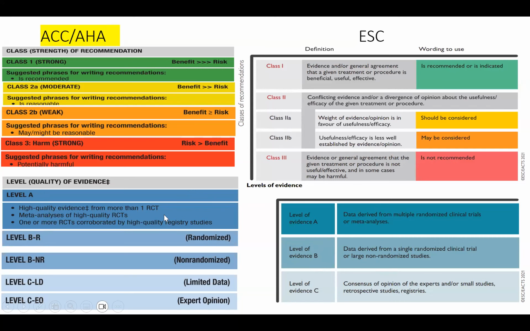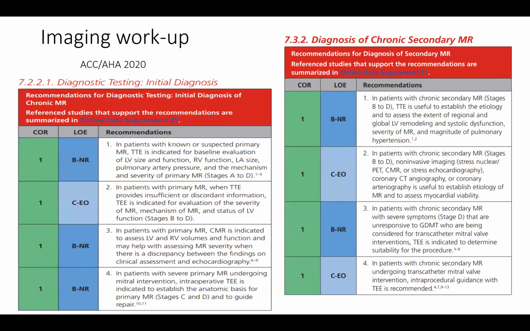So A, we know, high quality evidence from multiple randomized controlled trials or meta-analysis, or for them, they say one or more RCTs corroborated by a high quality registry. Level B, they have BR and BNR. So BR is from randomized studies, BNR from non-randomized studies. Level C, they have LD and EO, LD meaning limited data, and EO meaning expert opinion. So there are more details to this if we look at the guidelines. So this is from the ACC-AHA.